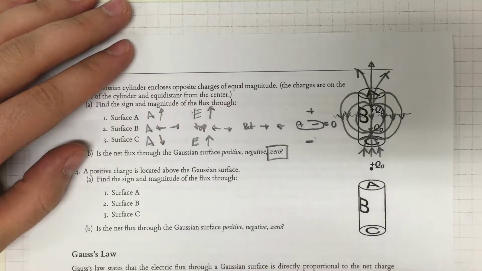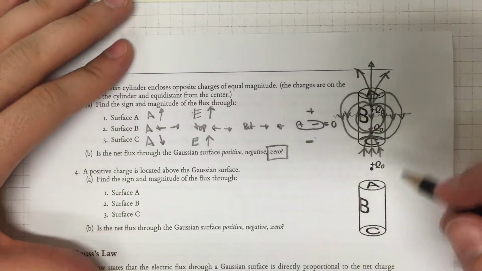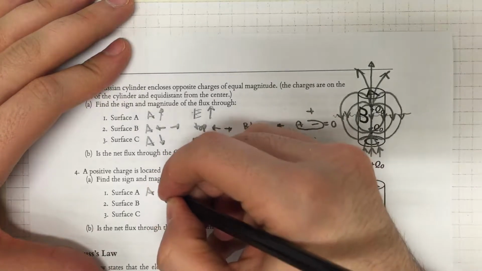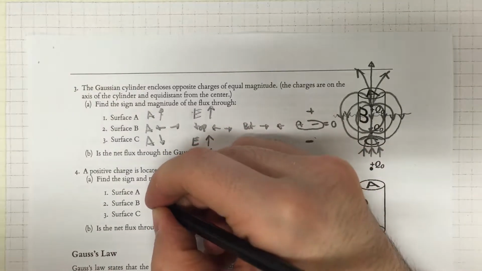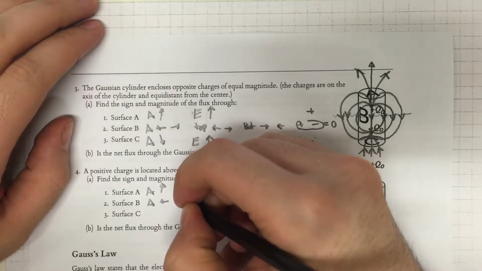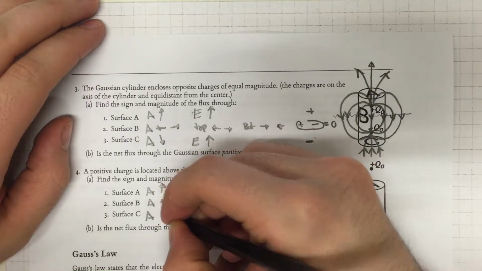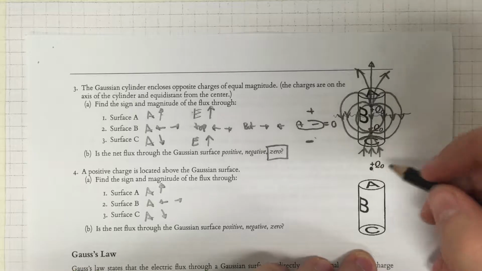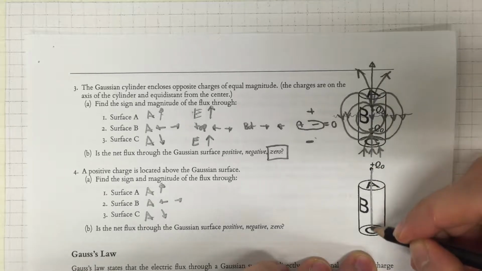And finally, let's go to question 4. Again, first I can put down what my area vectors point. And again, I'll draw what the electric field lines look like near the charge.